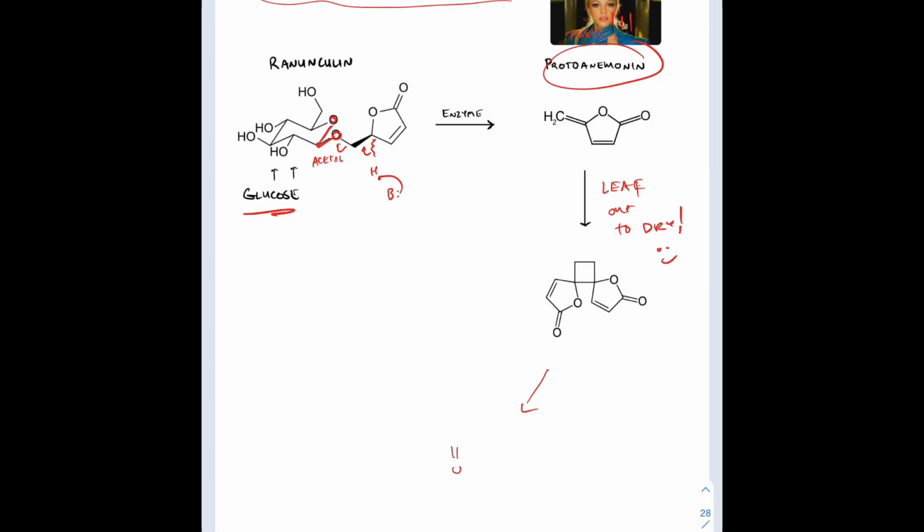It actually dimerizes to form this crazy structure right here, which ultimately, if you leave it out to dry, is able to react with the oxygen in the air as well as water in the environment of the plant and perhaps other enzymes, and it breaks down into this carboxylic acid as well. After the plant is dried out, it is no longer toxic because protoanemonin is no longer present, because it broke down.